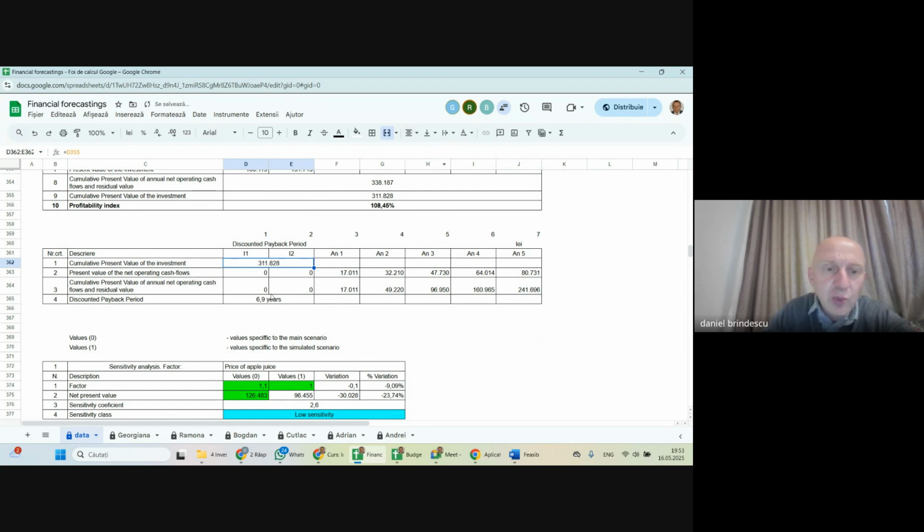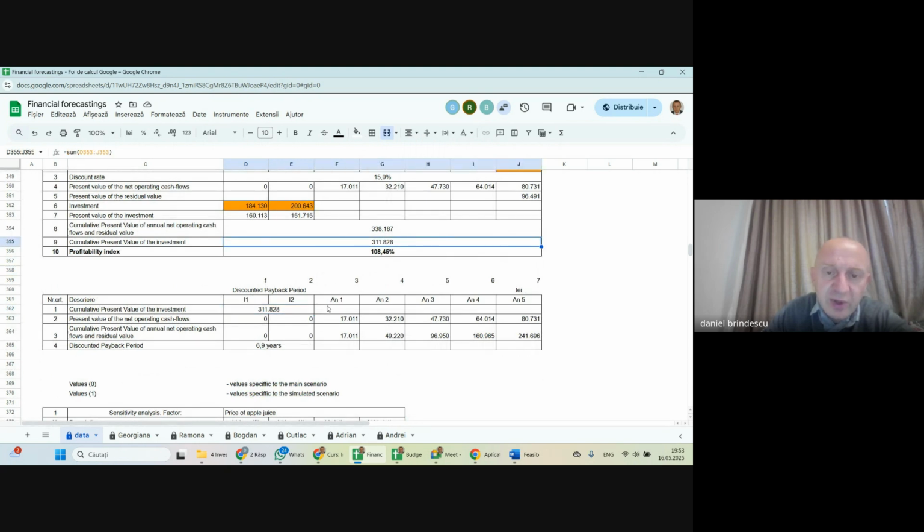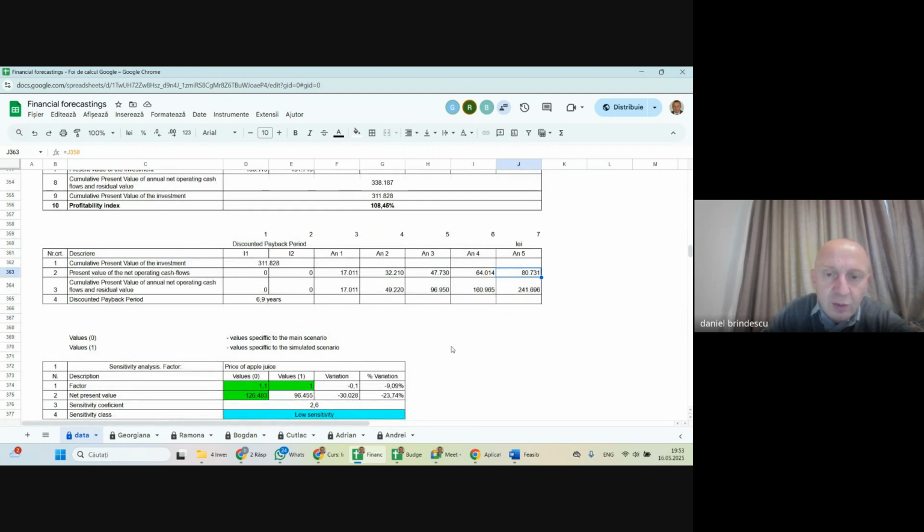You have here the cumulative value, present value of the investment taken from the previous tables. You have the present value of the net operating cash flows. And now the question is, at what moment does the present value of the cash flows cover entirely the present value of the investment? At what point are we able to say that we have recovered the capital completely?